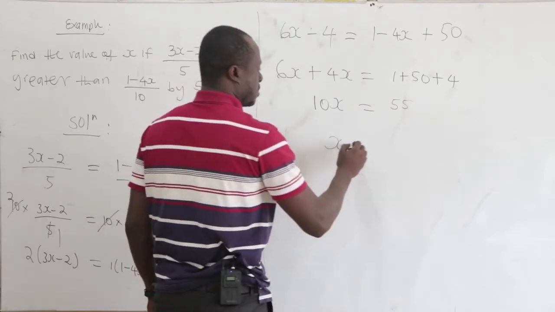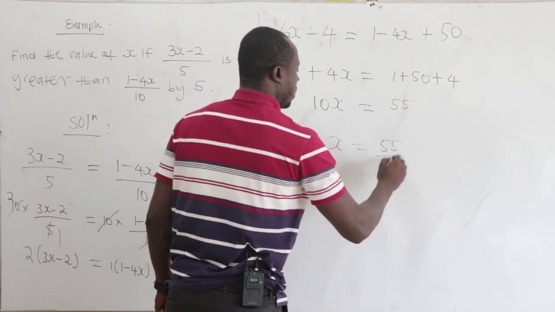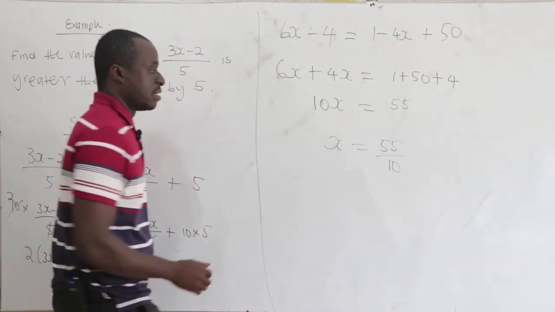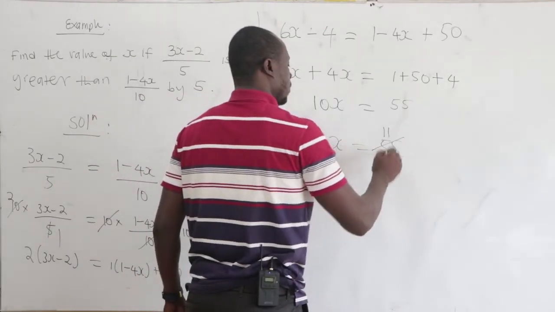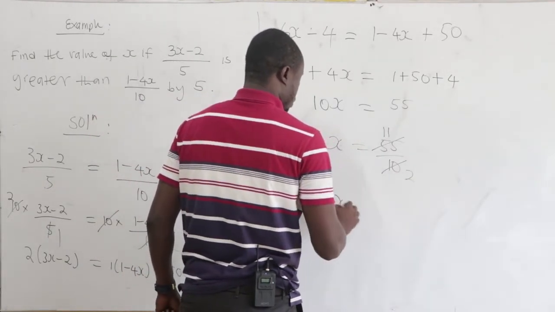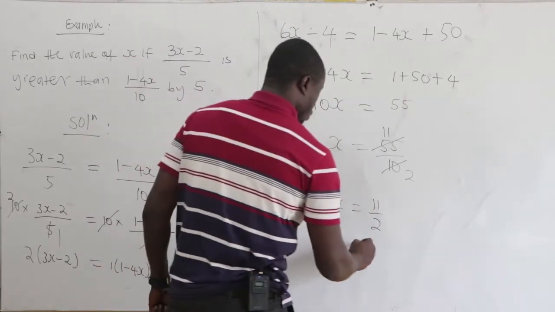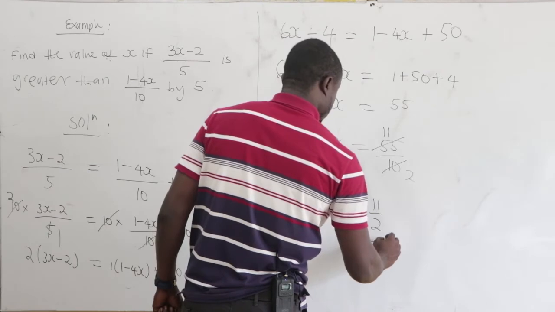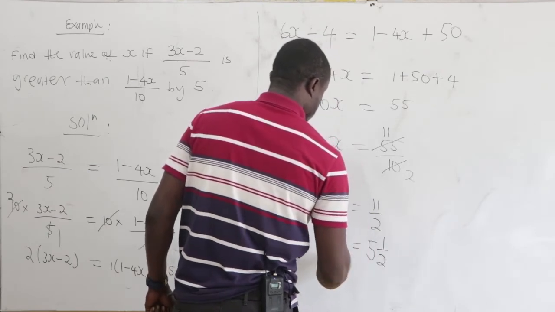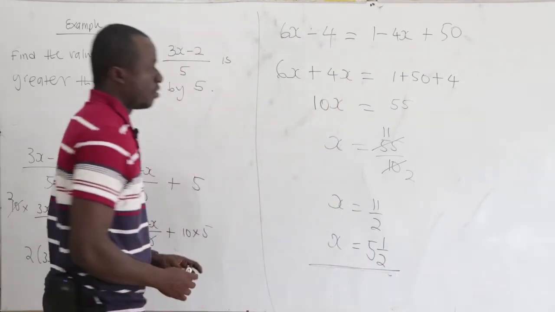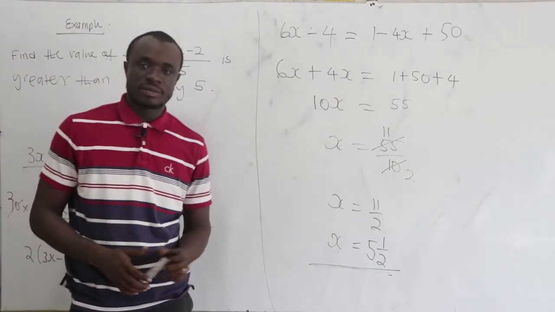So clearly our x is equal to 55 all over 10. Now 5 will go into 55, 11. 5 will go into 10, 2. Now we have to change this to a mixed fraction. 2 will go into 11, 5 times, remainder 1, so 5 and 1 over 2. So this is our value of x.